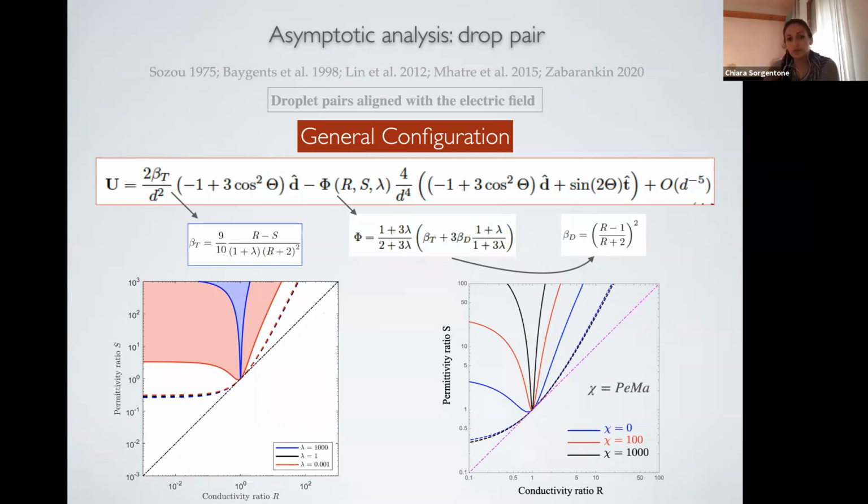I wrote here only the solution for the clean case, but Petya extended this also for the surfactant-covered case. And we were able to make this phase diagram that guided us to discover new dynamics that I will show you now.